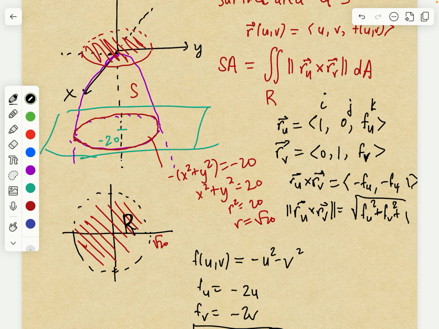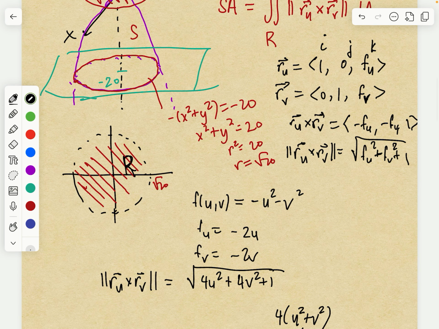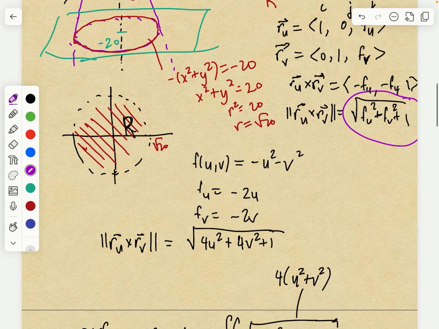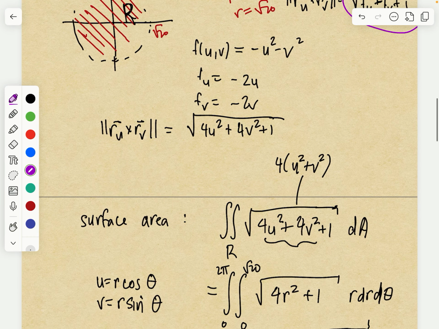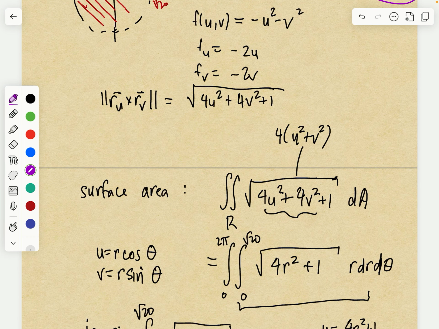Then to find the surface area, you use the formula. When your parameterization is r(u, v) equals (u, v, f(u, v)), the formula simplifies to this. This is the thing that you're integrating, and we calculated that it was the square root of 4u squared plus 4v squared plus 1.